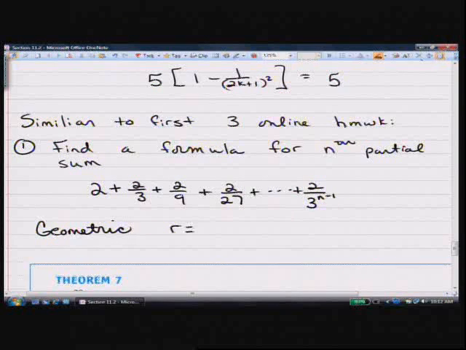With r equal to what? What does r look like it is? One-third. Yes, r is 1/3. And what do you think a is? 2.